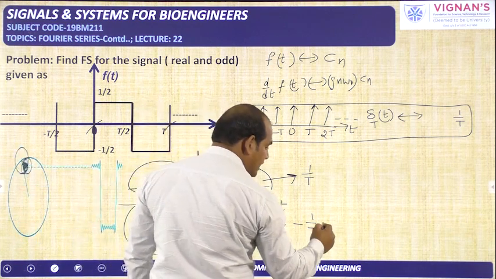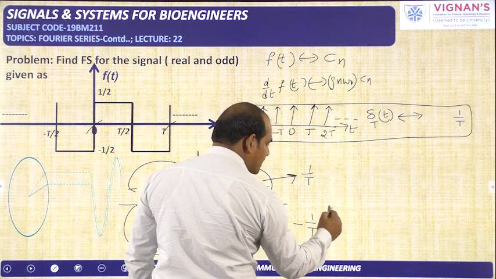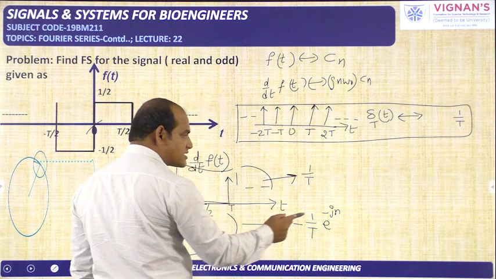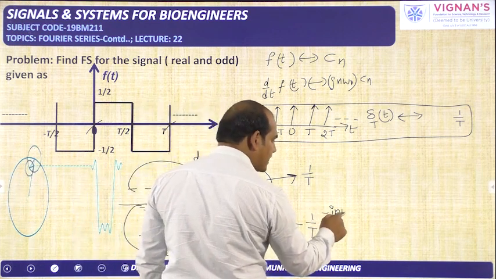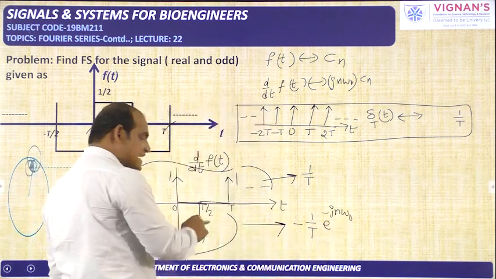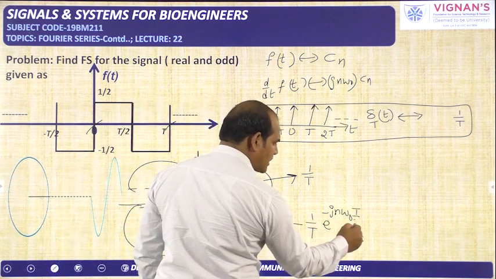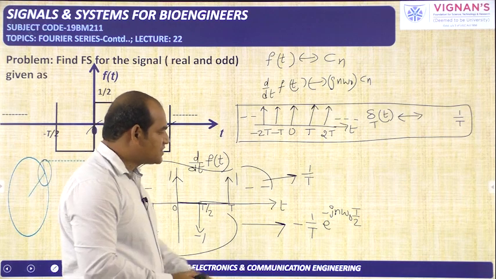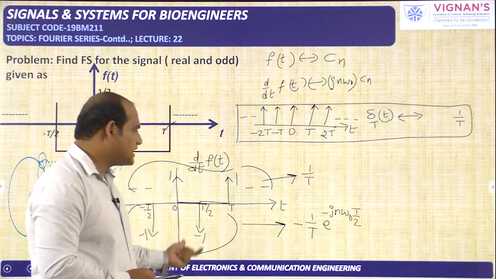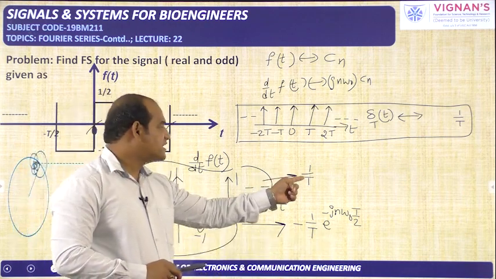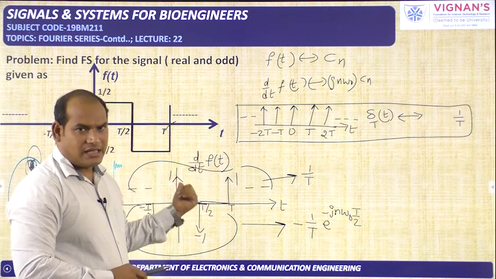Because of time shifting, in the frequency domain we get an exponential: right side shifting, that's why e^(-jnω0 T/2). This is the coefficient for the impulse train below the x-axis, and that is the coefficient for the impulse train above the x-axis.